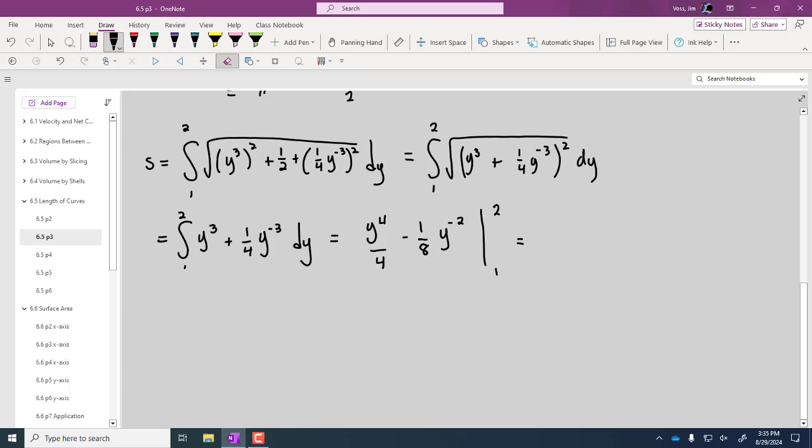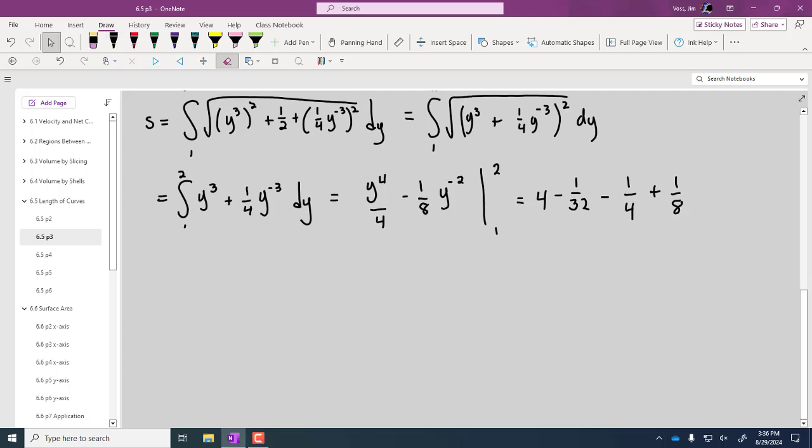Whew. Plug in the 2, and we get 16/4, which is 4. Plug in the 2 here, that's 1/4, so that's -1/32. Subtract the lower limit. So we'll get that. Common denominator of 32.